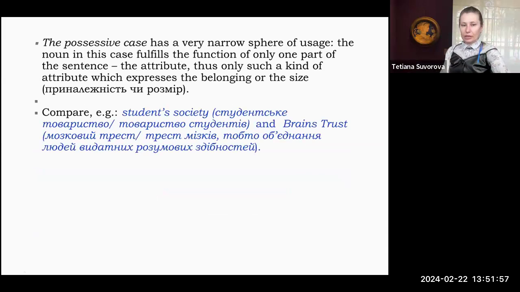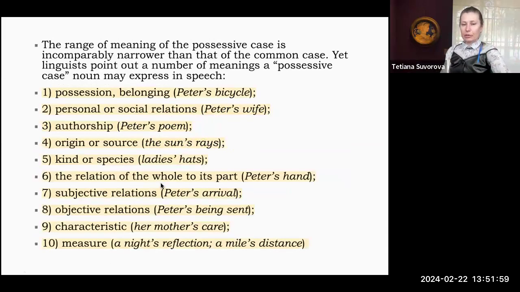Well, in English, we speak about common and possessive. Nevertheless, the possessive case has a number of meanings. As you can see, it's a very vast classification. Why? I suppose because it's important from the lexical point of view, and the function may be to understand how to translate. That is why so many meanings are discussed.